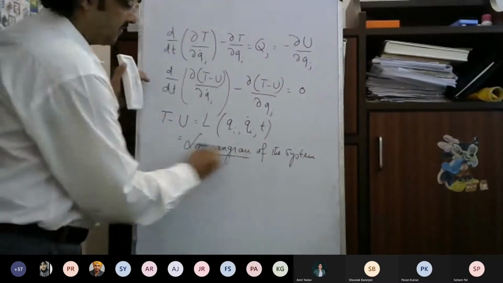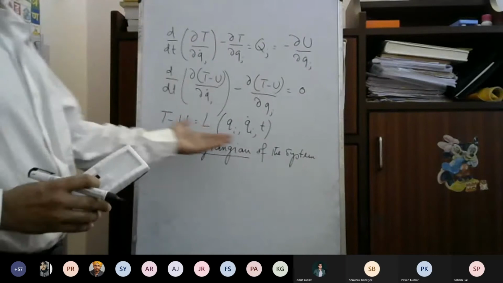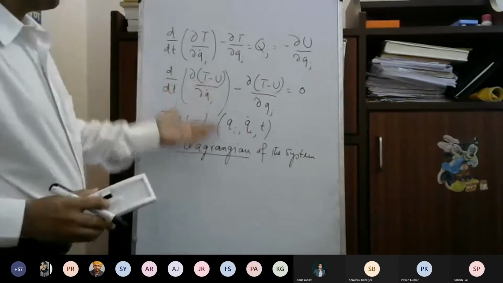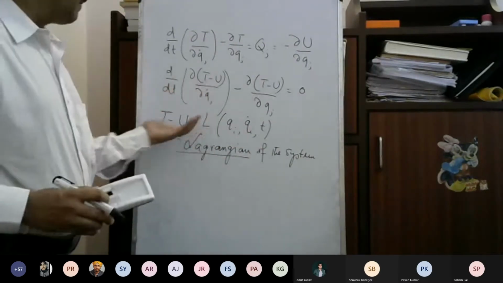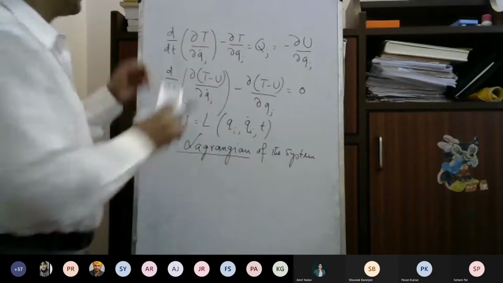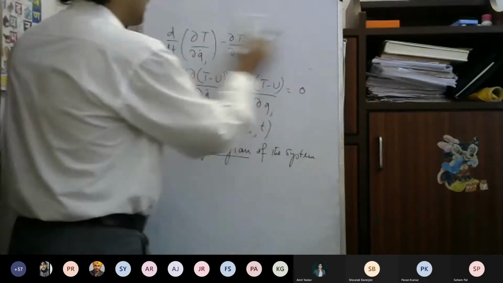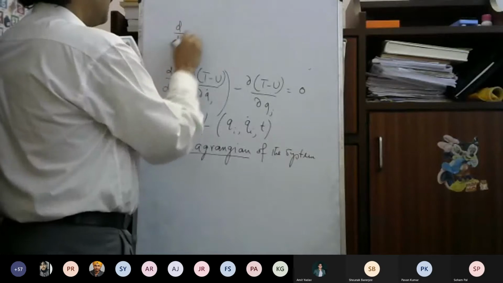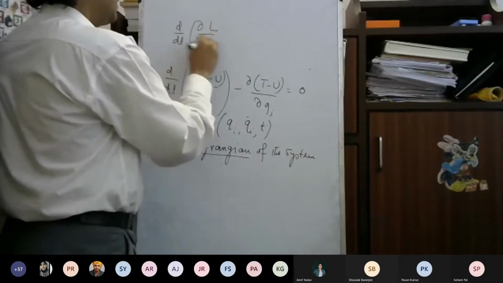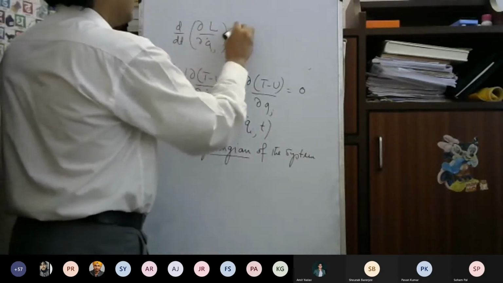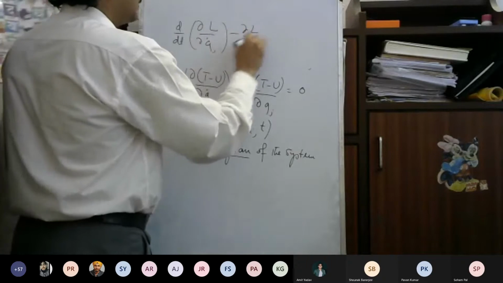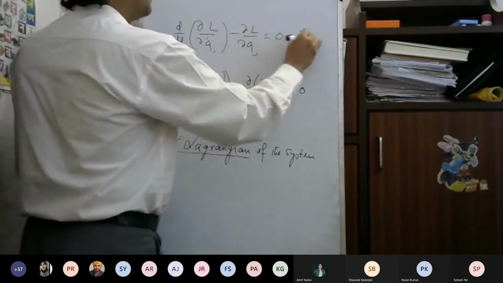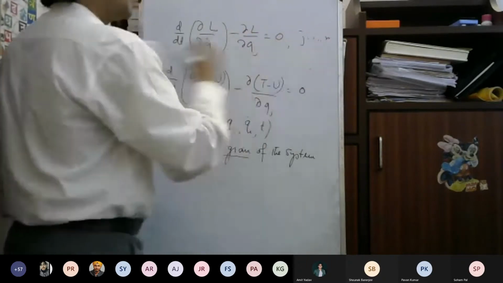So if T minus U is defined as the Lagrangian L, then the equation of motion for the conservative system becomes ddt of del L del qj dot minus del L del qj equal to 0, for j equal to 1 to n.